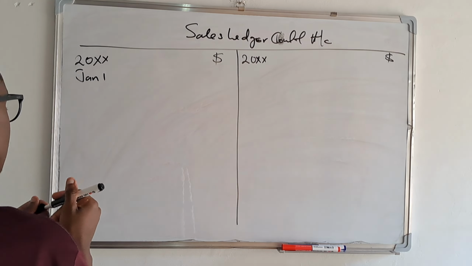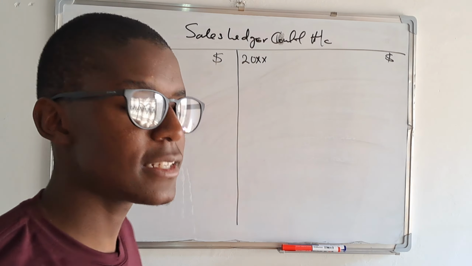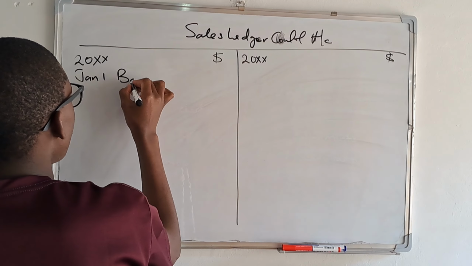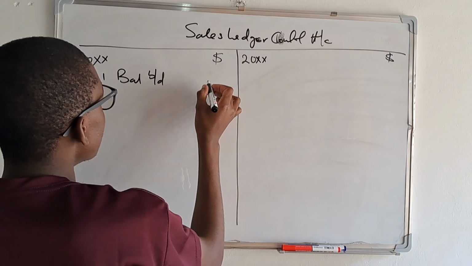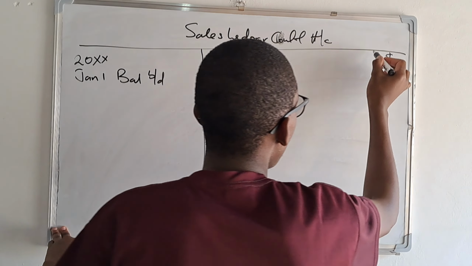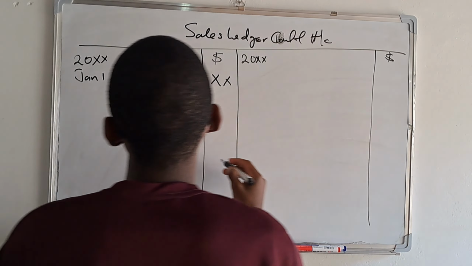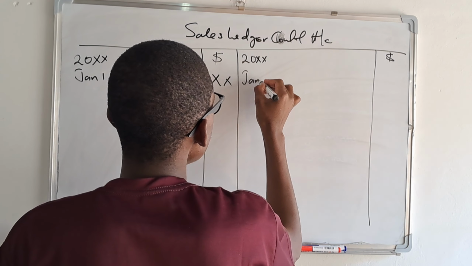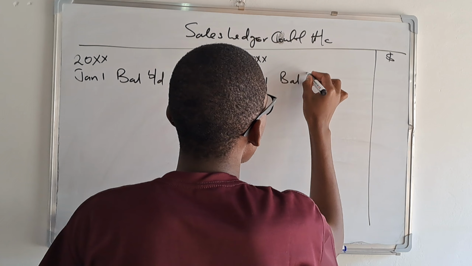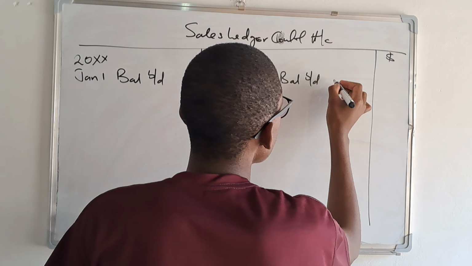In terms of the sales ledger control account, you need to know that it has a debit balance. Meaning, if you have a debit balance, you have a balance BD, and you record your balance BD. I'll put another column here for the currencies. In some cases, it's not always, you might be given a balance BD on the credit side.